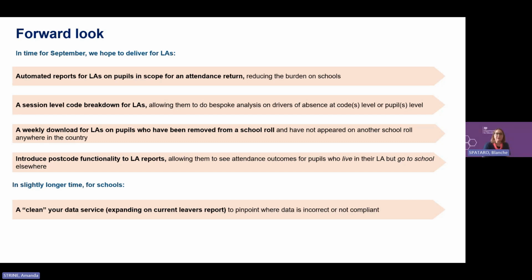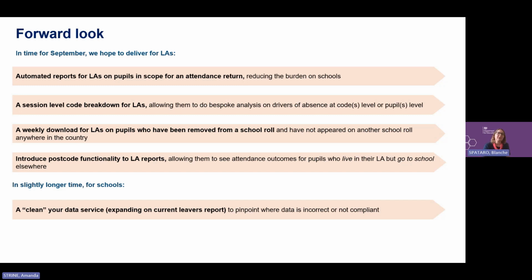Third, we're developing a weekly download for LAs that will identify pupils who have been removed from school roll and haven't reappeared on another roll elsewhere in the country. And finally, we're going to be adding a postcode functionality to LA reports, and this will allow local authorities to view attendance outcomes for pupils who live in their area but attend school elsewhere.